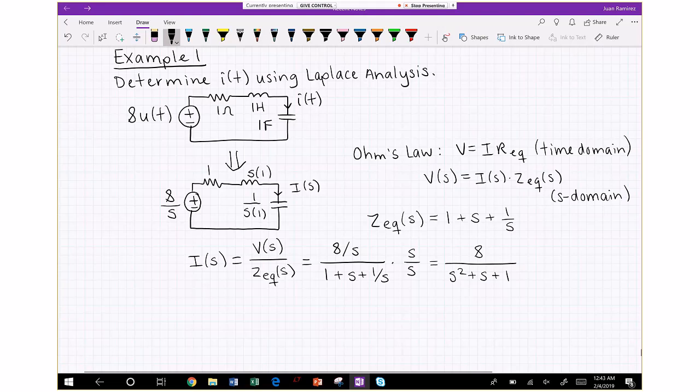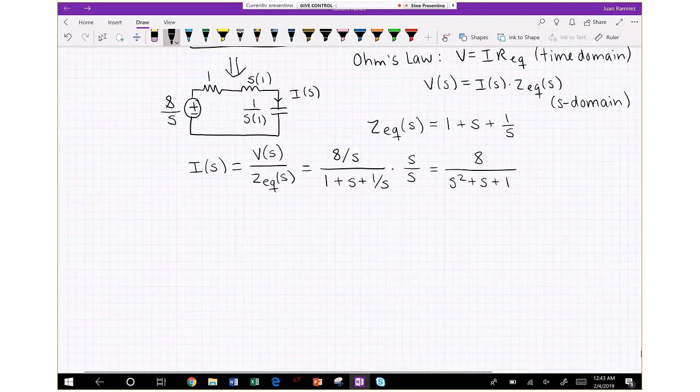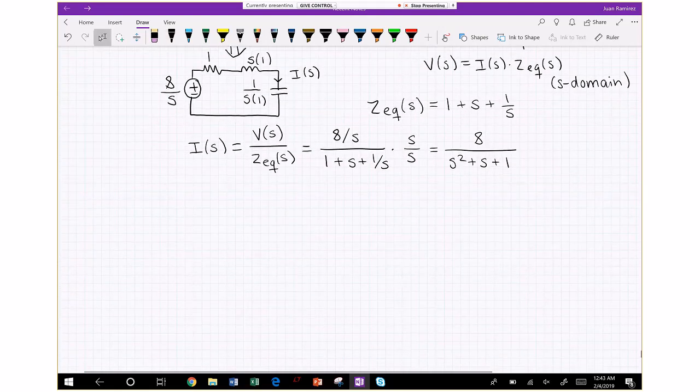And now this becomes, again, one of those cases where we'll try to convert that back to the time domain by doing the inverse Laplace transform. Notice that the denominator has a degree of 2, but I can't factor it, right? However, there is a Laplace transform pair that looks a little bit like this. Let's see, I'm going to whip out my table.